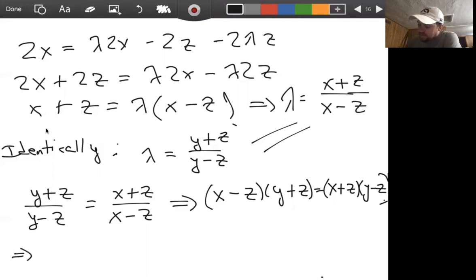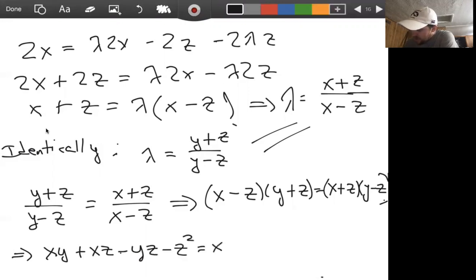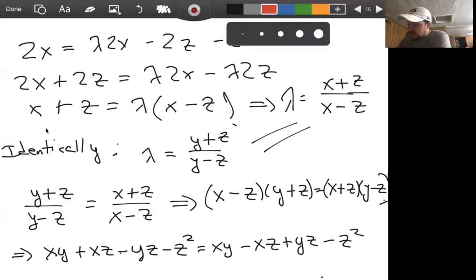If I FOIL these out, I get xy plus xz minus yz minus z squared equals xy minus xz plus yz minus z squared. And I have some cancellation here.